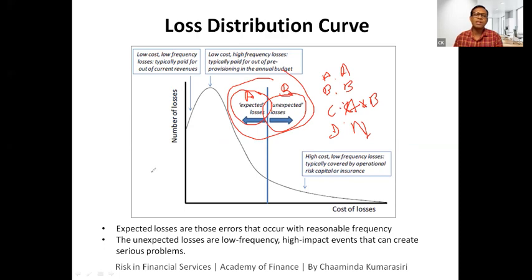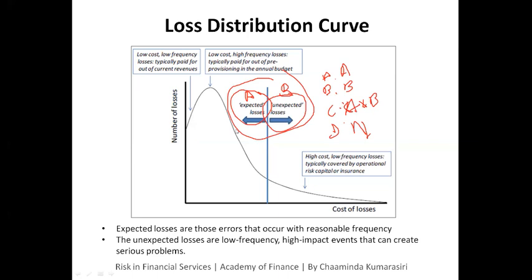So it's very important to understand the logic here again, right? So this grid shows the losses in value terms, how it distributes. Expected losses. If you expect a loss, are you preparing for it or not?